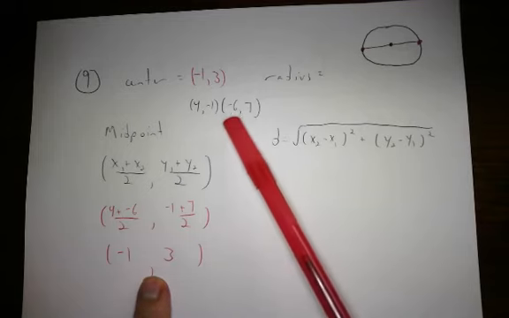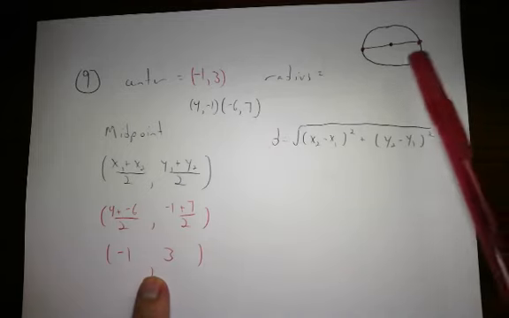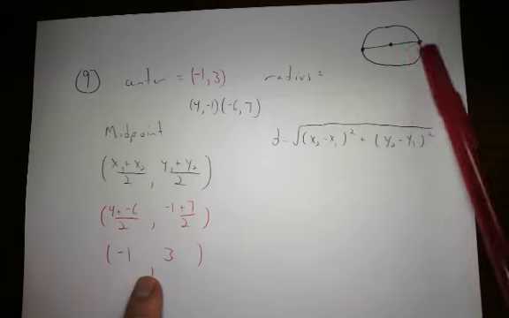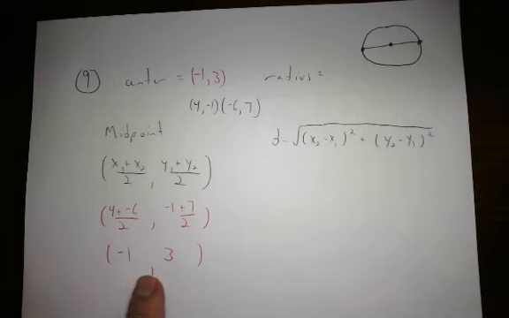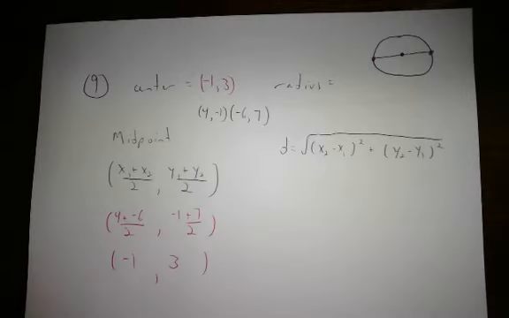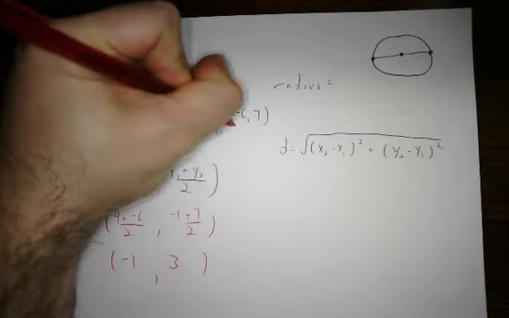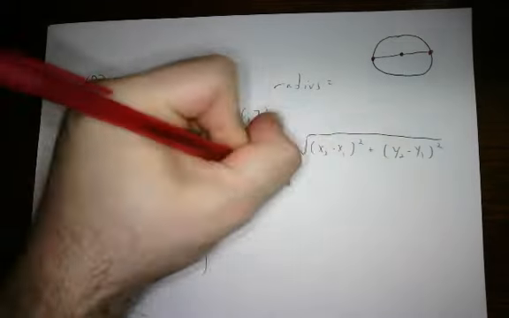Now there's a couple different ways you can get the radius. Since this is the midpoint, and we know the endpoints of the diameter, we could take the midpoint and one of those endpoints and find the distance between them. All right. However, what I often like to do is just use my original 2 endpoints of the diameter and then cut that length in half. Okay.